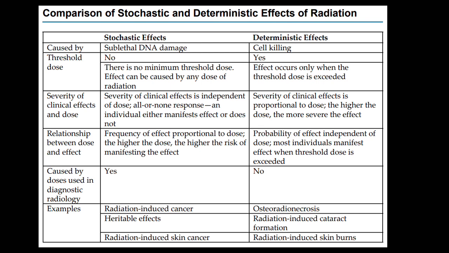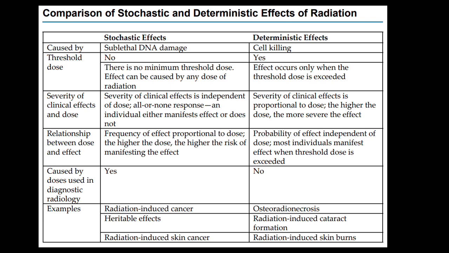Stochastic effects, even a small dose, that is a dose that is diagnostically given for a patient, can also cause a stochastic effect later on in the patient's life, or can be transferred to the offspring as well. Whereas a deterministic effect is dose dependent, that is, the higher the dose, the more severe the effect. Examples for deterministic effects are osteoradionecrosis, radiation induced cataract formation, and skin burns.